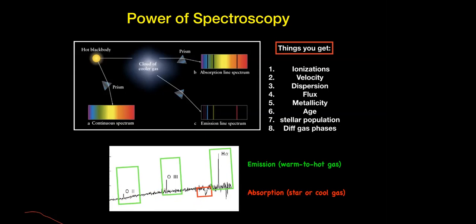And there are a bunch of emission lines here, which come from the warm to hot gas. So you can basically detach the contribution of the star and the gas in the galaxies by just using different tracers or different signatures in the spectra. And not only that, you get a ton of other information like ionization, velocity dispersion, flux, etc. So this is where spectroscopy really comes in handy.